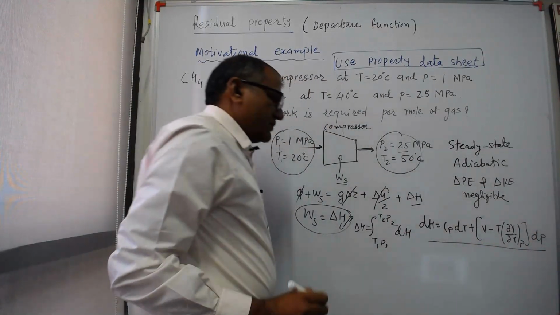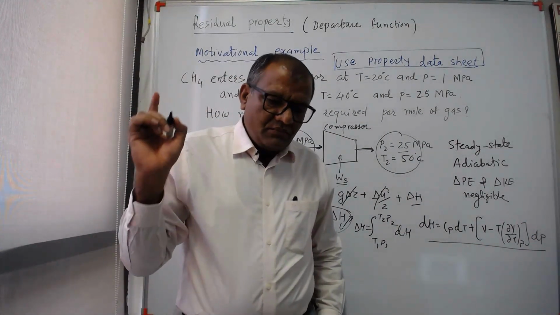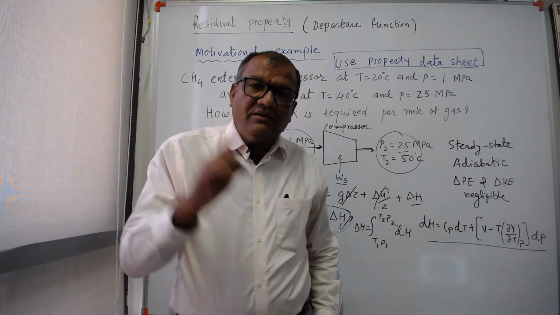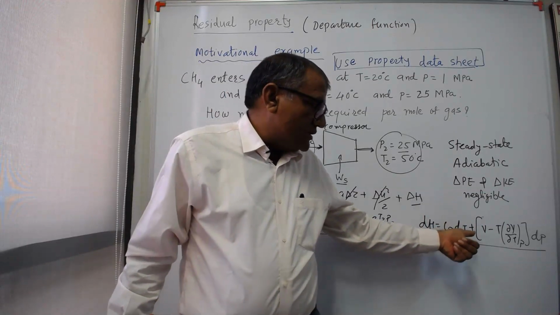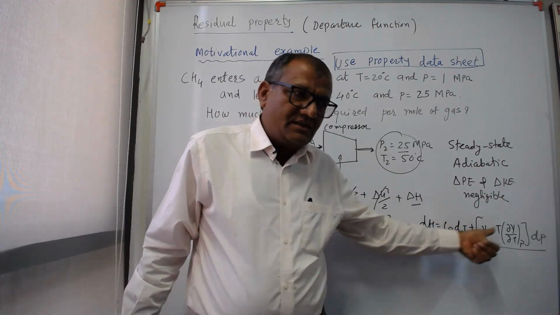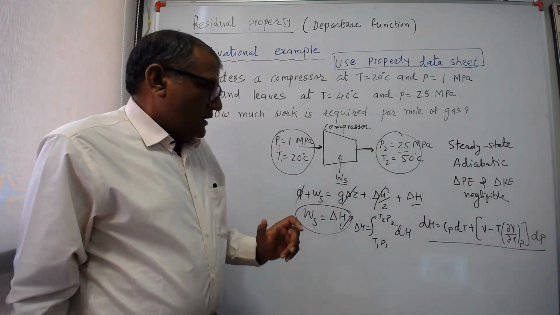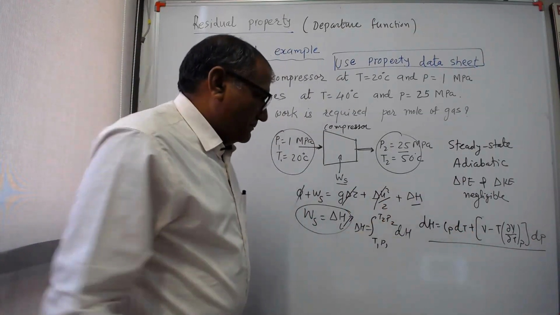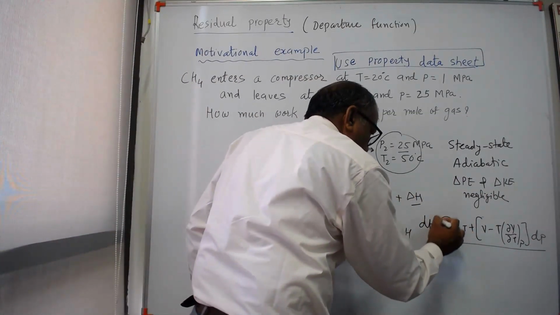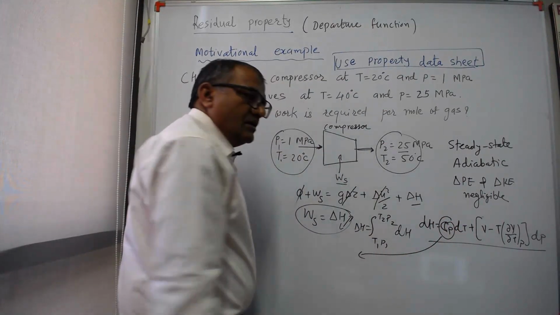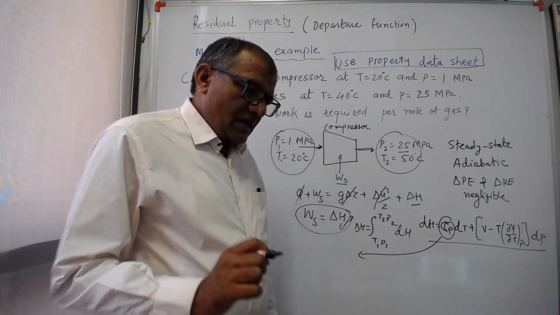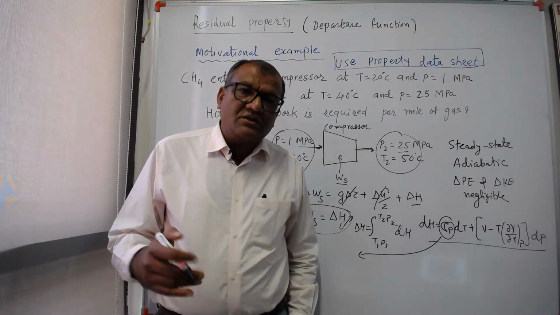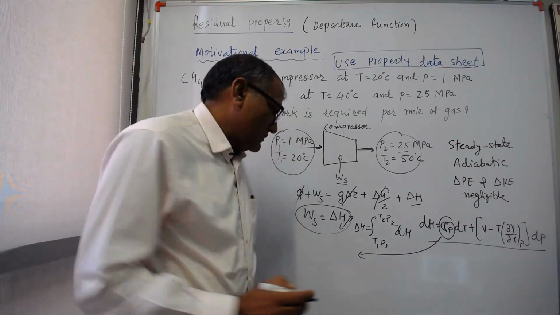This equation was derived in the previous video, with enthalpy as a function of two canonical variables, T and P. If I want to use this equation, then I need to know the value of Cp, and Cp is a function of temperature and pressure.